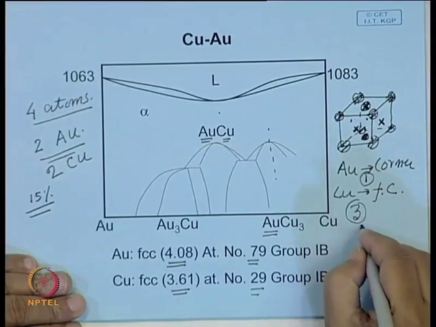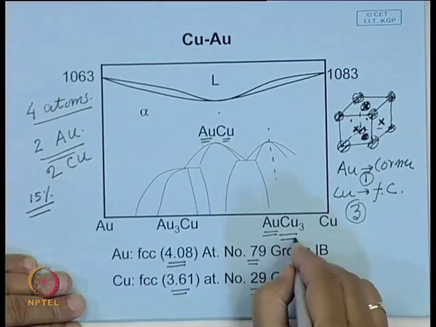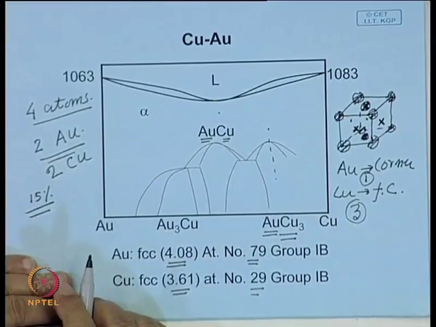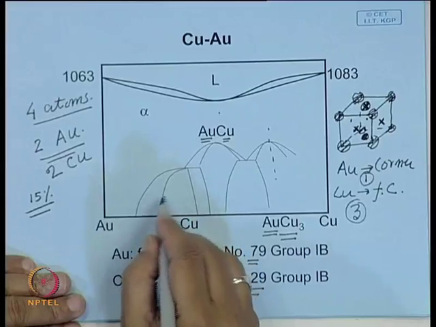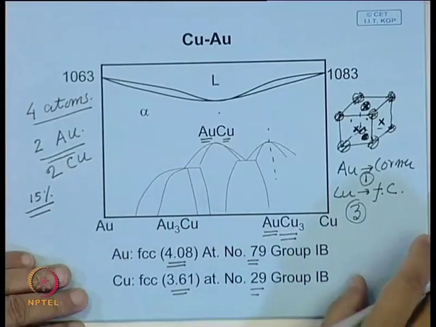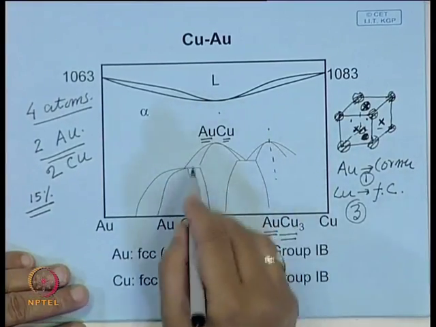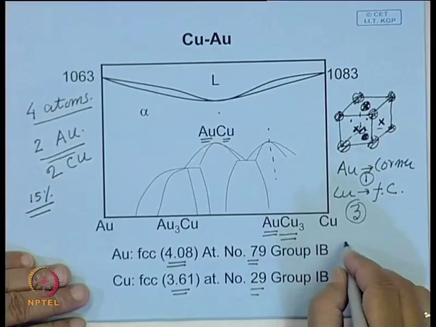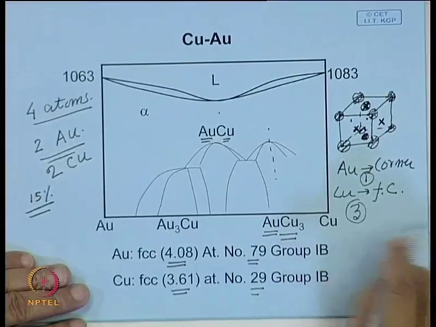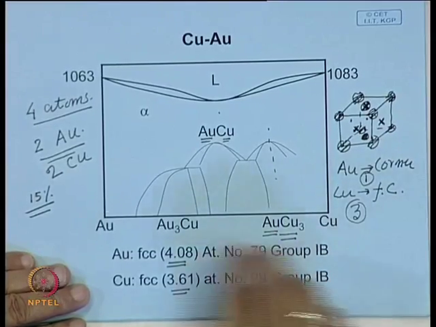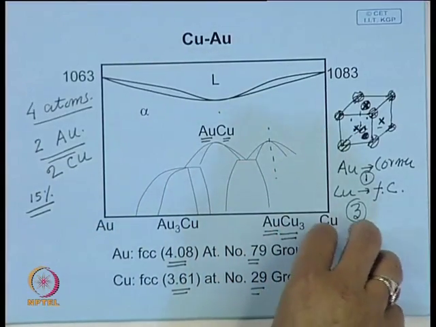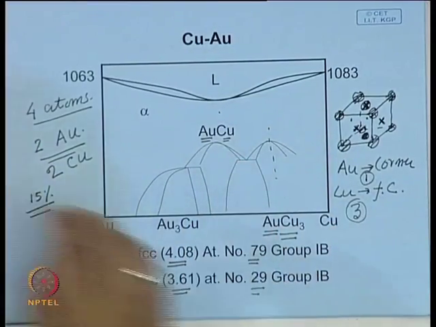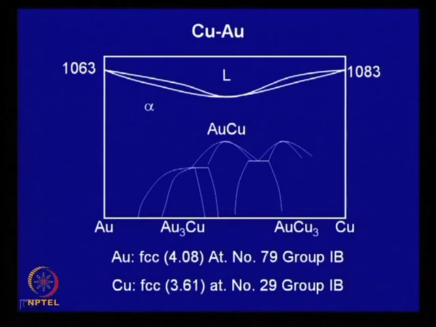So, they are in the ratio 3:1, which represents the composition. Likewise, you can have a similar ordered structure here also. So, ordering in a way you can say has a tendency to form a compound, where unlike bonds are more than normally expected in a random solid solution.